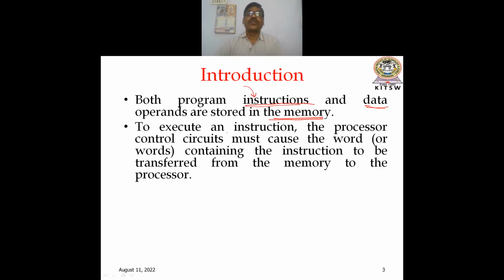So when we want to execute any instruction, for example, if you want to load some register R2 with the memory location whose address is represented with LOC, for example.